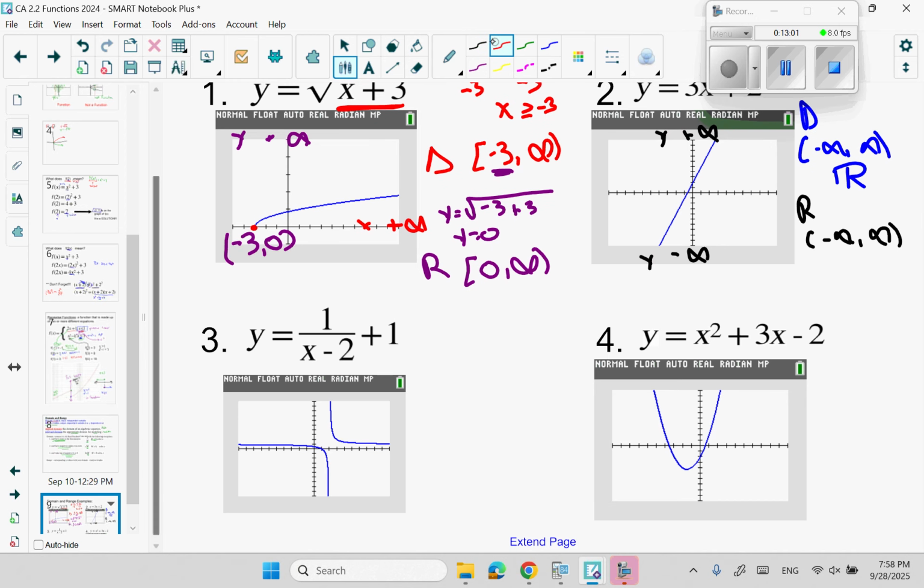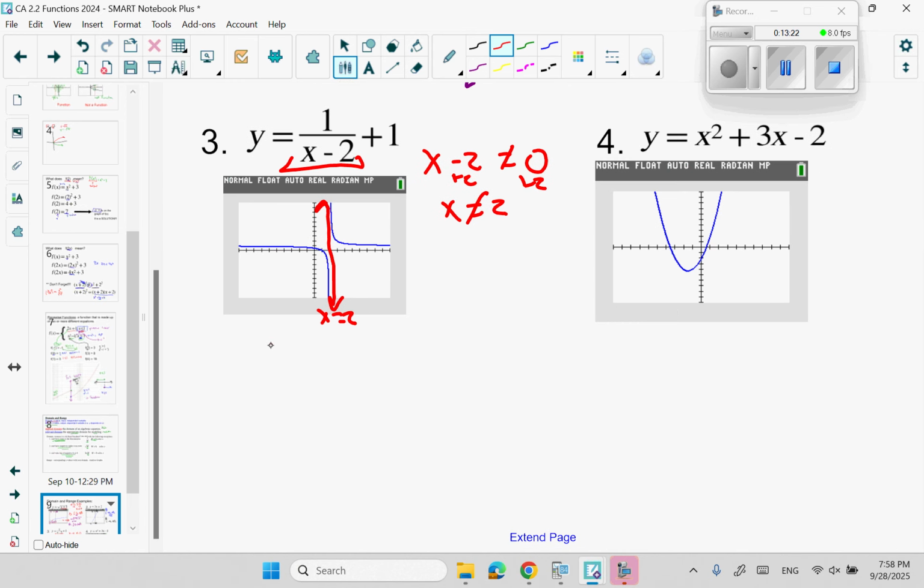Number 3, I see that I have a fraction. So I know that x minus 2 cannot equal 0. So I can add 2, and we get x equals positive 2 as something it can't be. And we see that graphically right here at x equals 2. That is called a vertical asymptote.